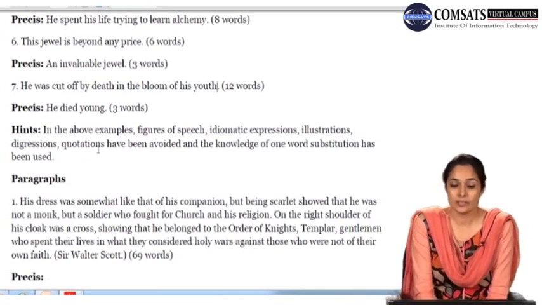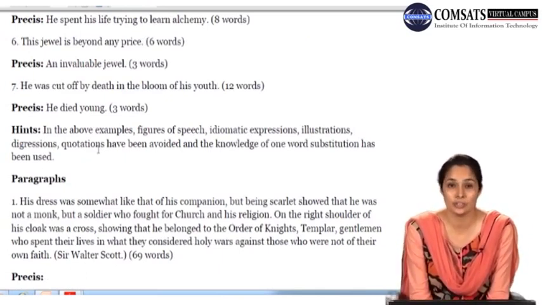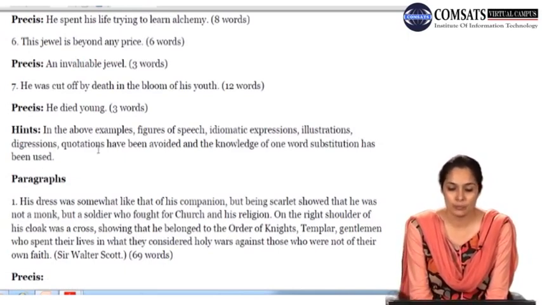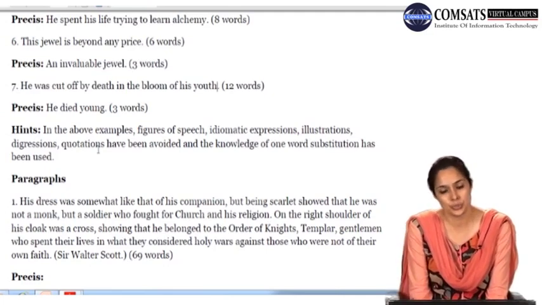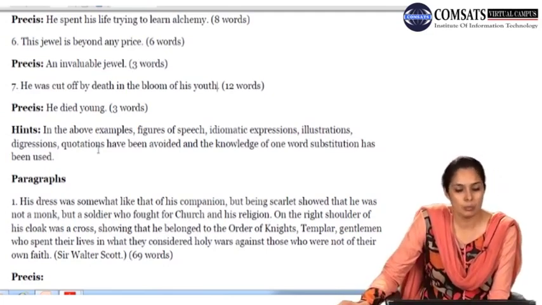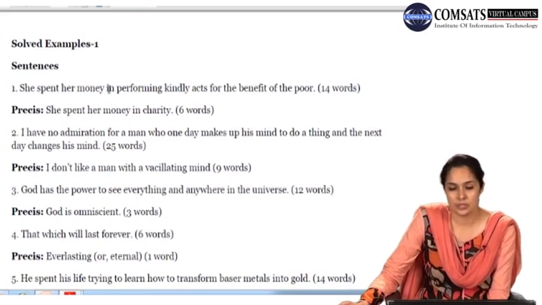Now you see in the above examples, figures of speech, idiomatic expressions, illustrations, digressions, quotations have been avoided, and the knowledge of one word substitution has been used. Right from example number 1, we saw that we had used the knowledge of one word substitutions.